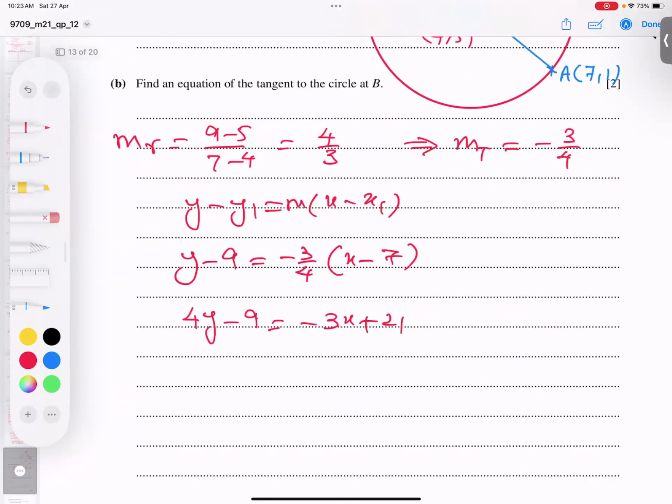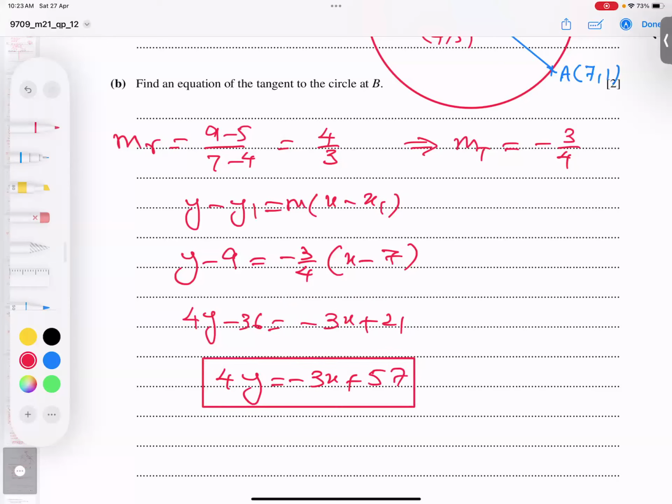And sorry, this mistake, 9 times 4 is 36. So 4y equals minus 3x plus 57. The equation of the tangent is okay. I hope you got a point, and let's go for the next question.